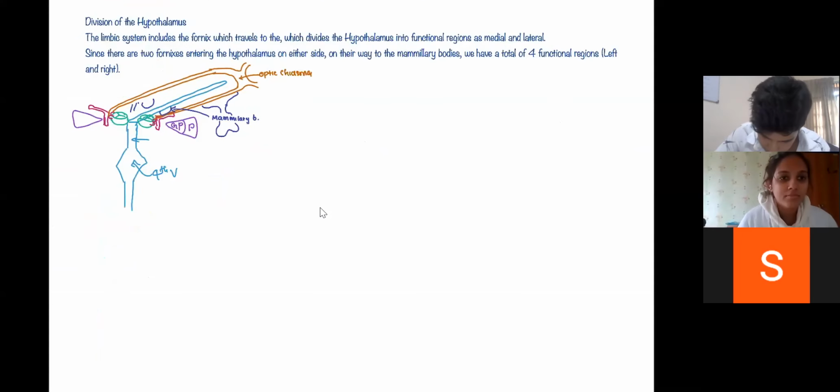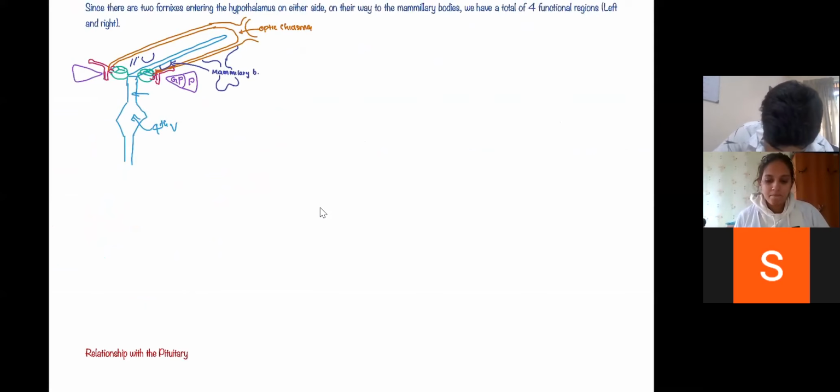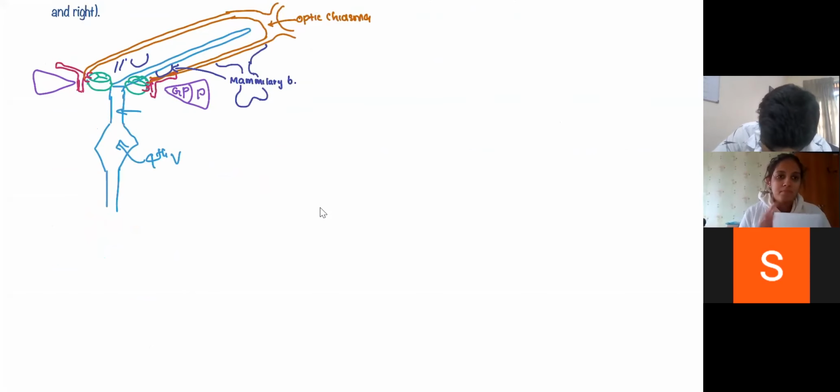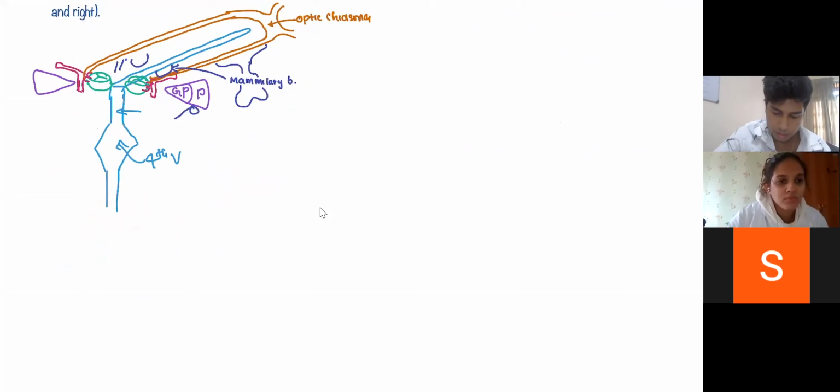First of all, I hope you remember that there was a caudate nucleus which went above and ended up at the amygdala. Don't draw this. Do you remember this?